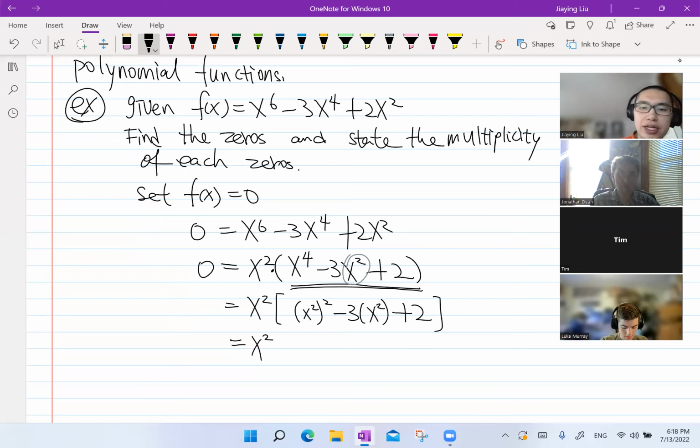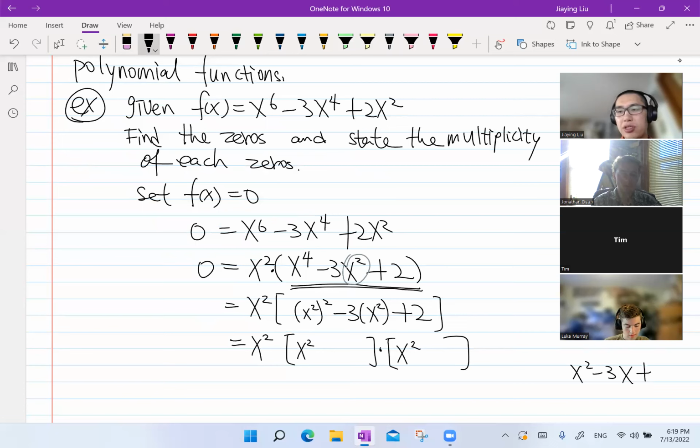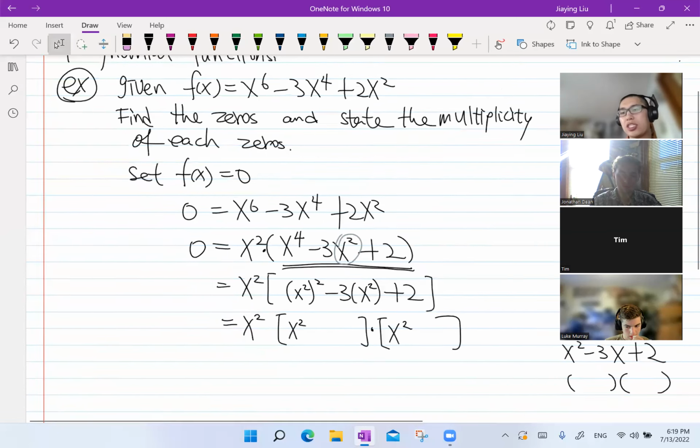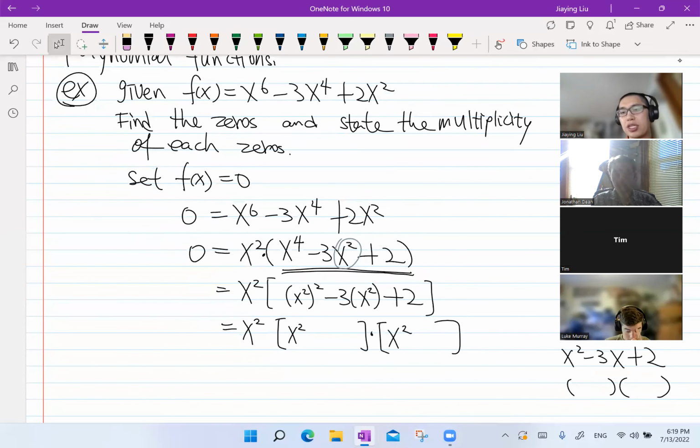So if we try to factor the bracket part, we should end up with two terms that multiply. Because we have x squared squared, each of them will have x squared to begin with. Just like we factored before with, for example, x squared minus 3x plus 2. We can factor this into a product of two factors. Same thing here, but instead of having x to begin with in each parentheses, now we have x squared.